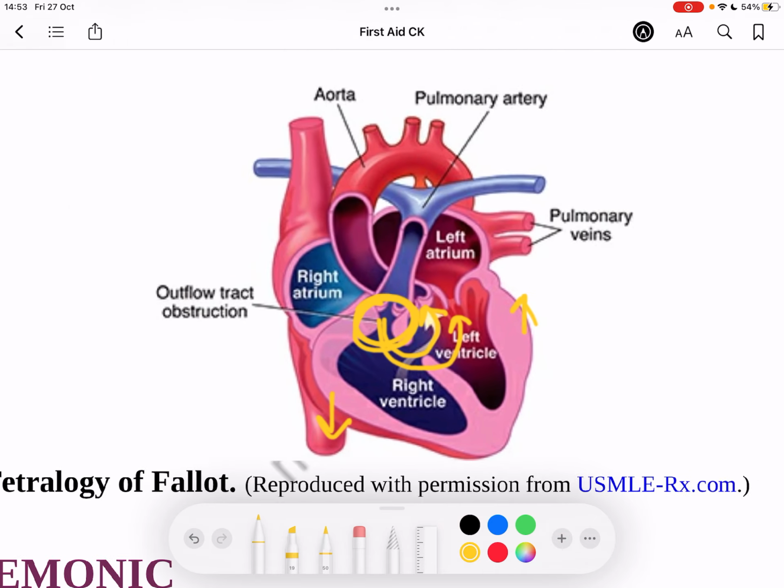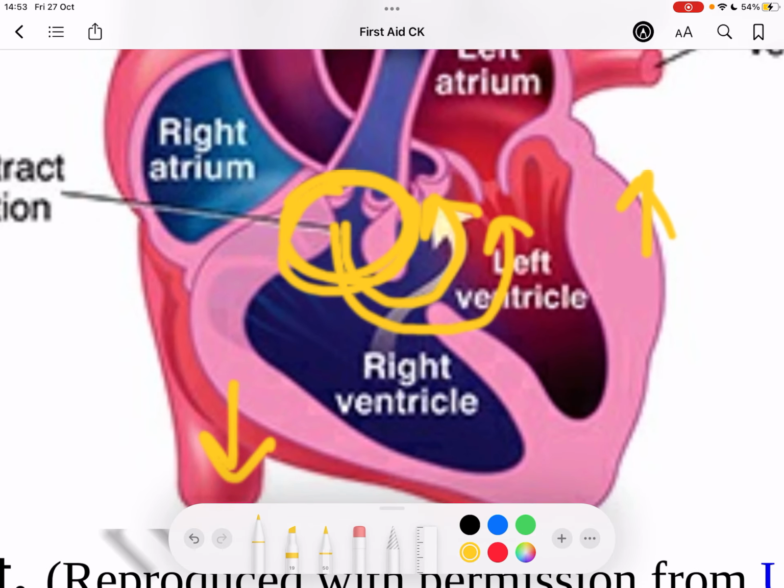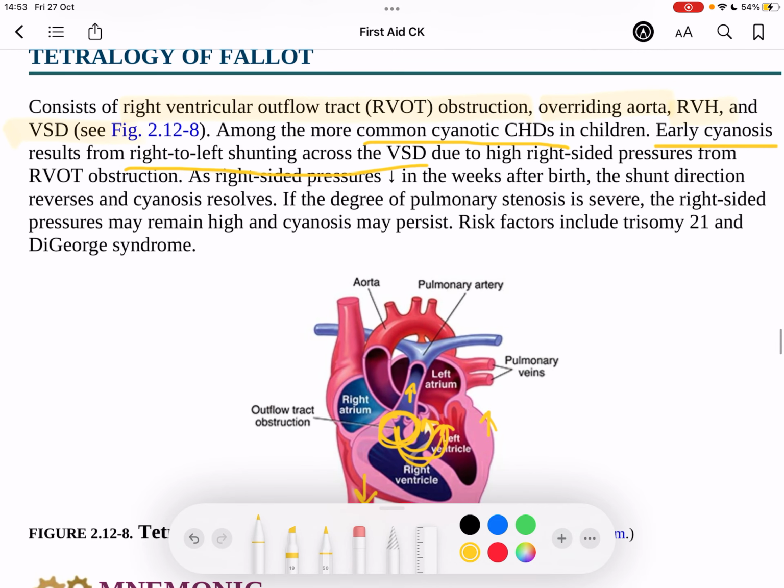So most Tetralogy of Fallot patients don't get cyanosis all the time, like all the other cyanotic diseases do. They get cyanosis intermittently when we have times that increase this pressure and cause more of this shunt. As right-sided pressures decrease in the weeks after birth, the shunt direction reverses and cyanosis resolves.